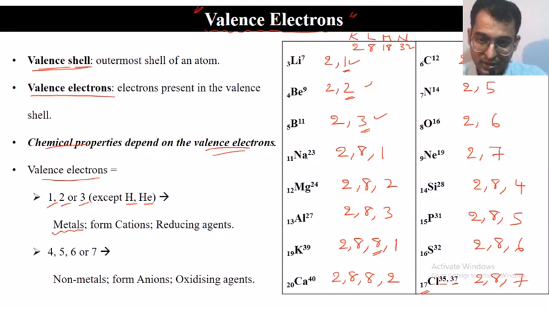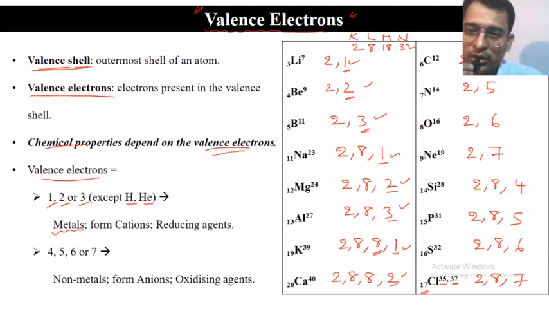Similarly sodium, magnesium, aluminium are also metals. Potassium and calcium are also metals. Wherever the valency electrons are 1, 2 or 3, they are metals, except for hydrogen and helium, because they have atomic numbers 1 and 2 respectively.